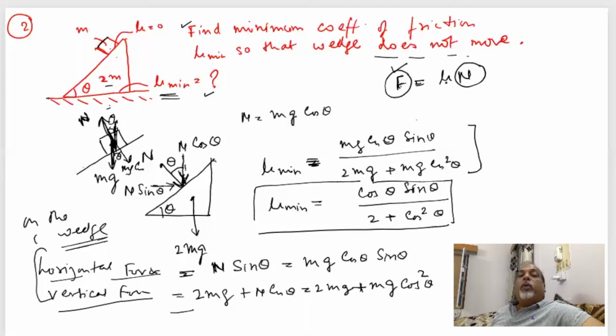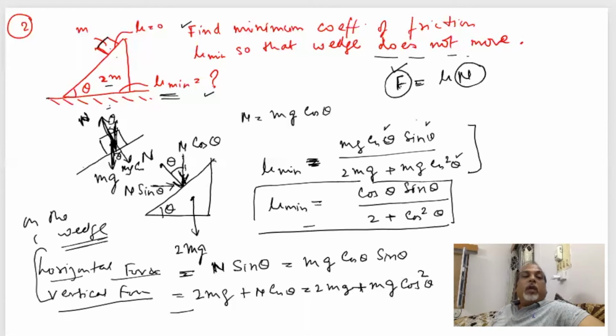So mu will be F upon N, that is horizontal force upon vertical force, and this mu minimum you can find out based on theta. Whatever angle of theta is given, you can find out mu minimum. Correct?